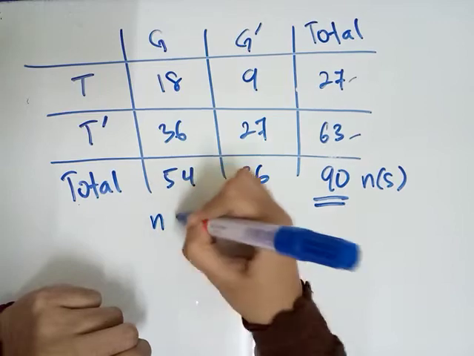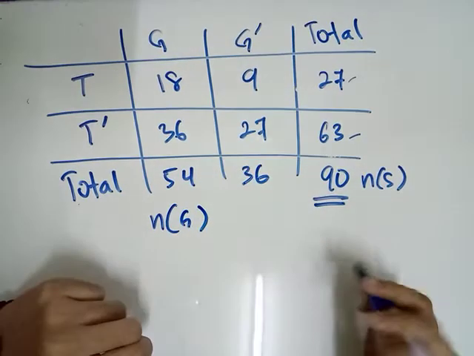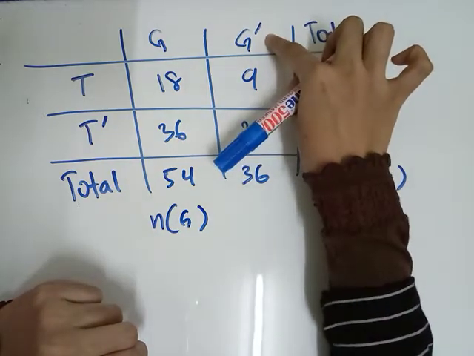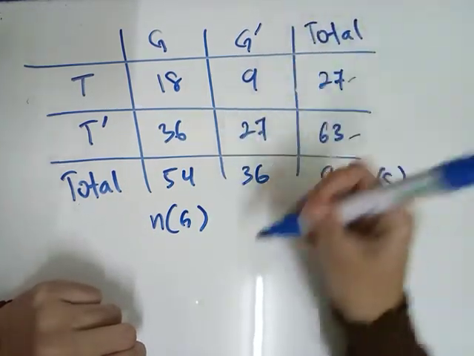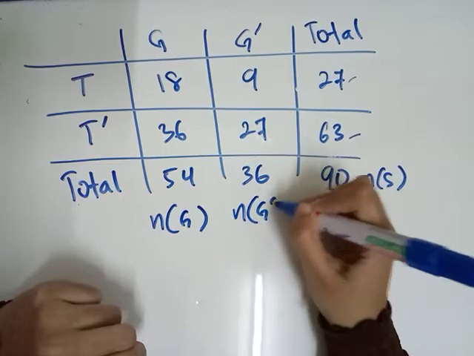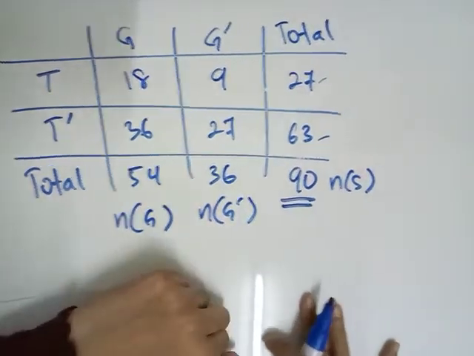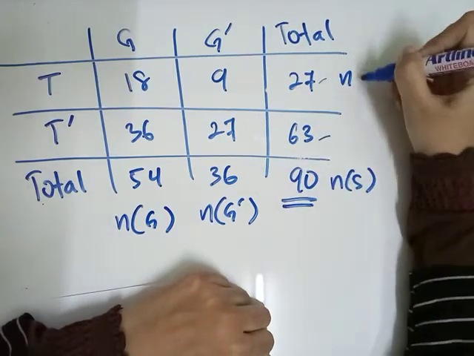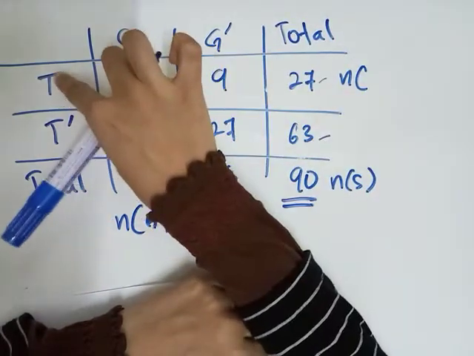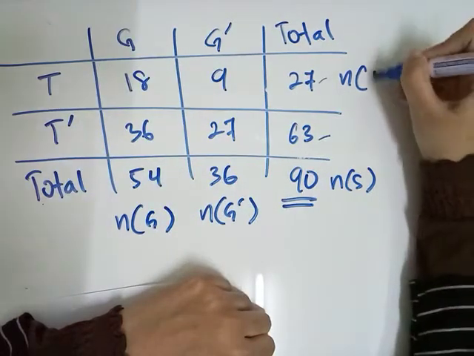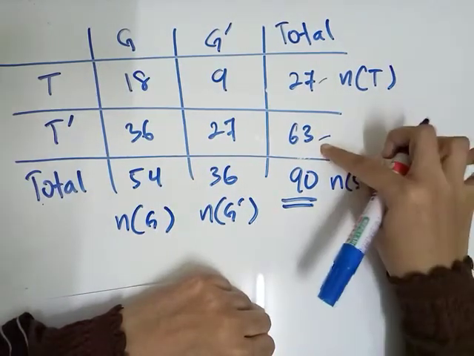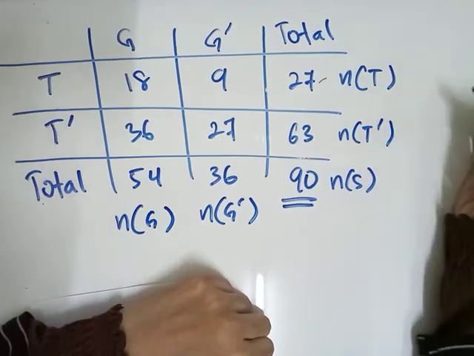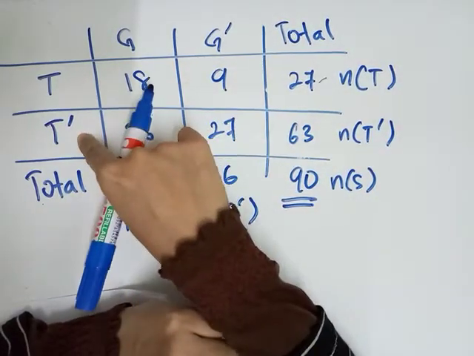So this is NG. 36 is the number of elements for not college graduate, G prime. So this is NG prime. And then 27, the number of elements that has at least 3 years experience, NT. And 63, the number of elements for T prime, less than 3 years experience.